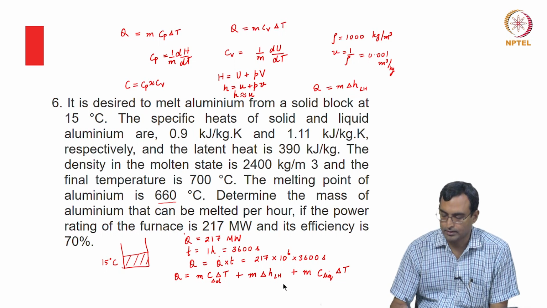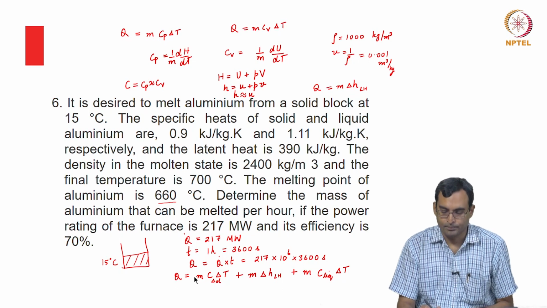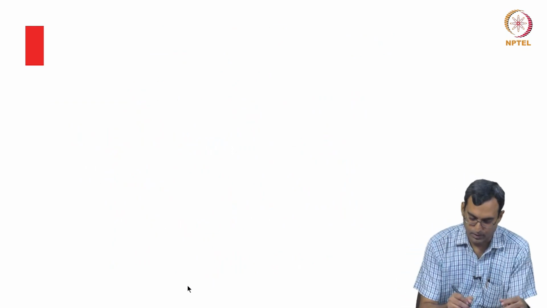It is the same mass. So, we can take the mass out, which is essentially what we want to find. So, the mass is Q divided by all of this. I want to find out the mass.